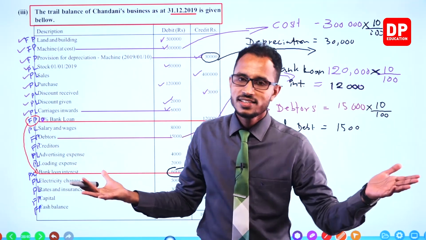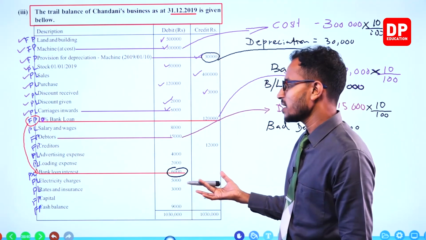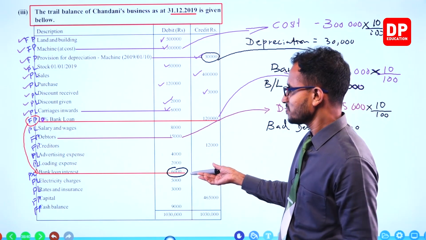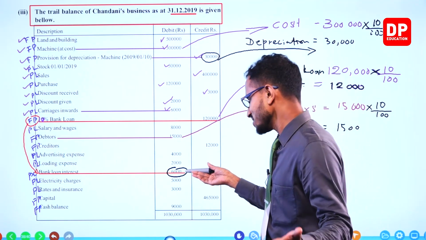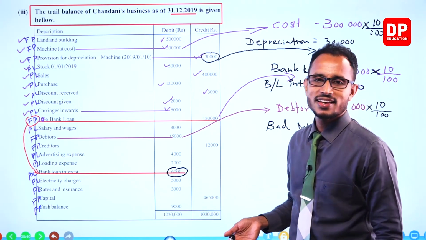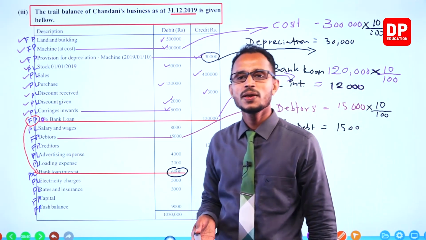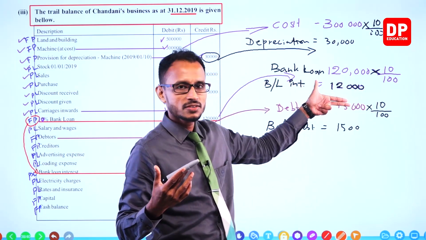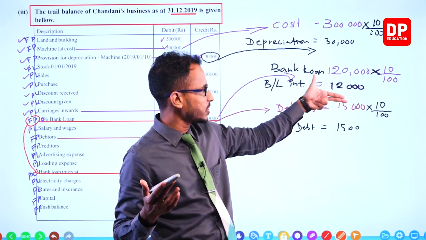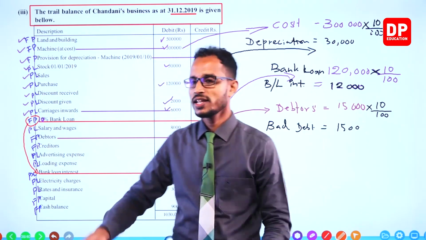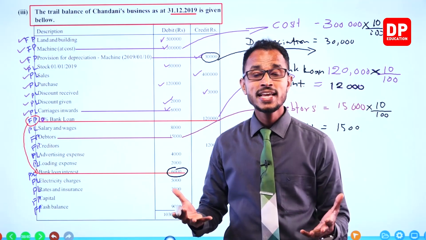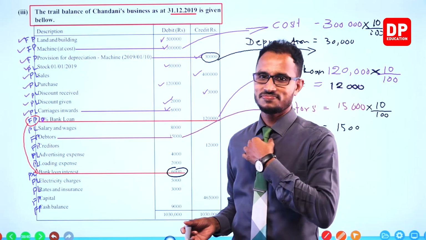But they are giving bank loan interest as 6,000. The problem is, from the annual interest of 12,000, they have paid only 6,000, which means 6,000 is remaining. That is accrued.